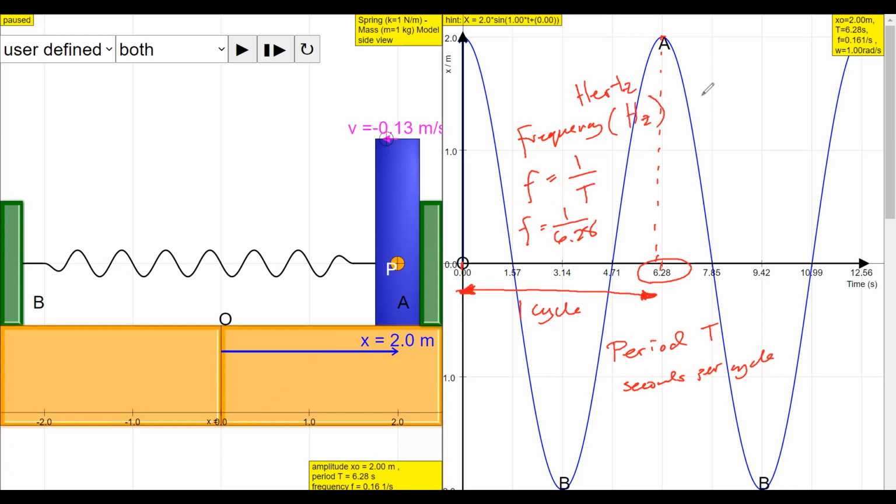And lastly, we have the angular frequency.